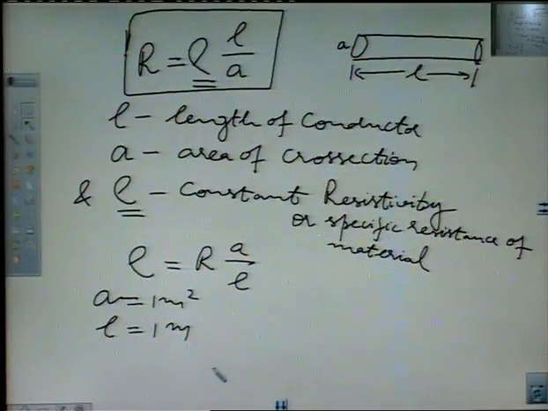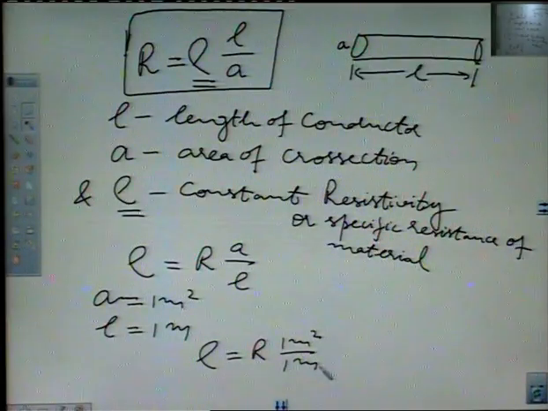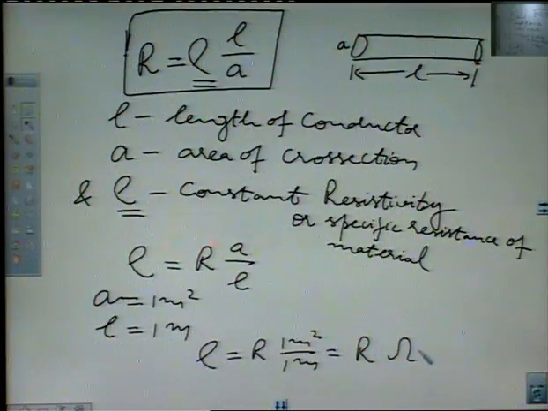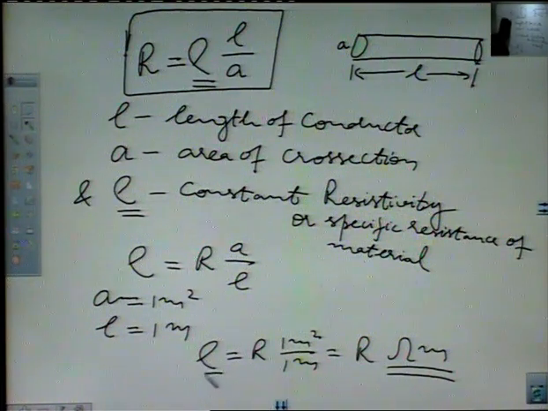Rho will be equal to R into 1 meter square over 1 meter. This is equal to R ohm meters. So, units of resistivity are ohm meters and its value is equal to resistance. In which situation? In the case when area of cross section of the conductor is 1 meter square and length of the conductor is 1 meter.